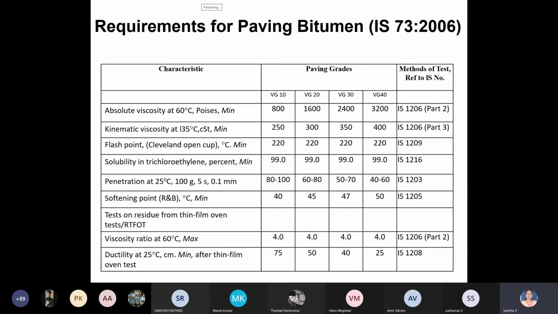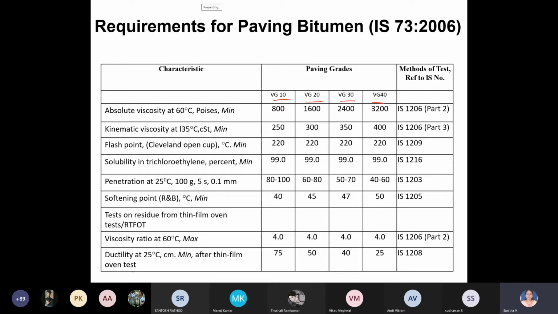So for the requirements of paving materials, I told you bitumen is graded nowadays based on viscosity grading, called VG 10, 20, 30, 40. This is a common bitumen. If you plan to use VG 10 grade bitumen, its absolute viscosity minimum value should be 800 poises at 60 degrees Celsius.